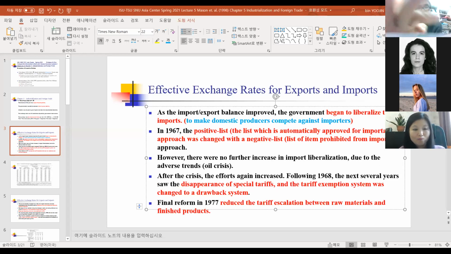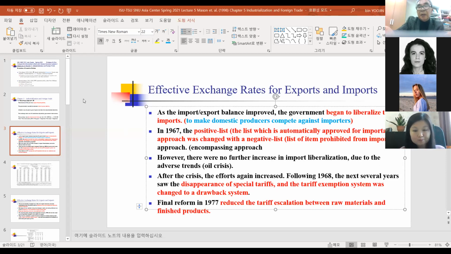So that means if you belong to this negative list, you cannot import. All the rest is more open for import. So it's a more encompassing approach.